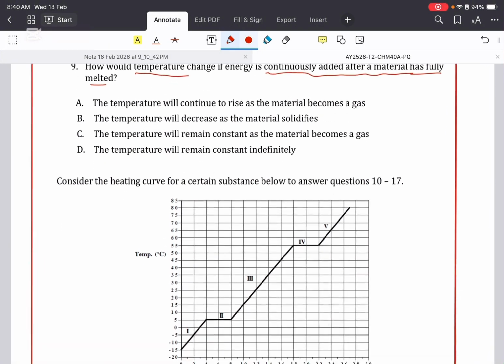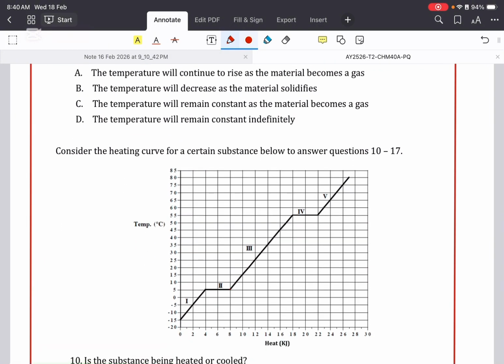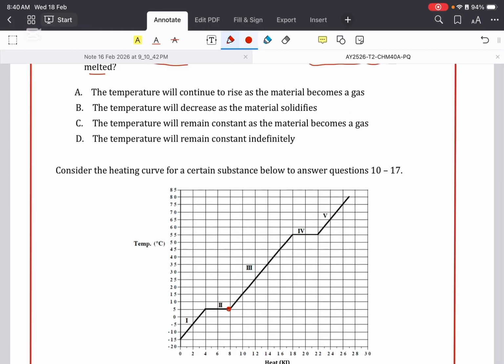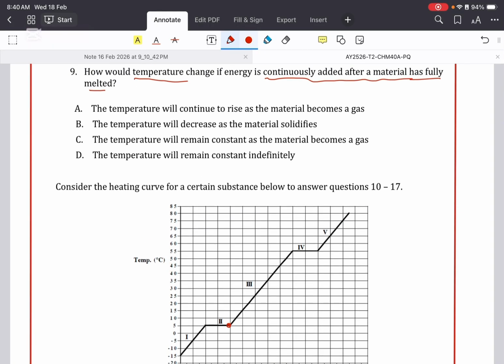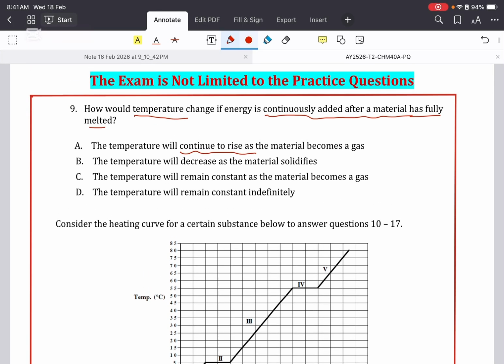How would temperature change if energy is continuously added after a material has fully melted? So let's look. If a material has fully melted, so it's here, what happens to the temperature? The temperature will start increasing again. So here, the temperature will continue to rise after the material becomes a liquid.